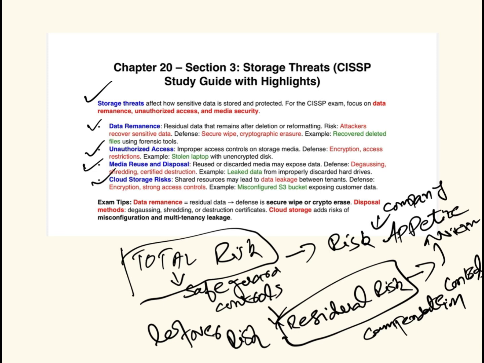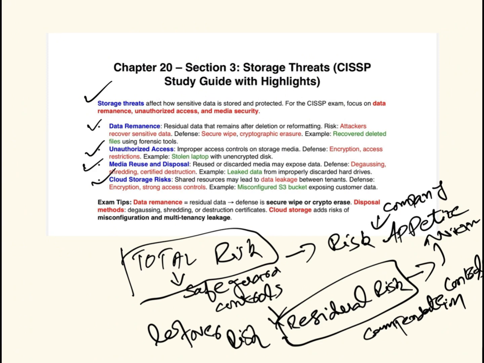Cloud storage risk: in a cloud environment, shared storage can expose data if misconfigured or improperly secured. For example, a publicly exposed AWS S3 bucket leaking customer data, or multi-tenant storage leading to cross-tenant data leakage. Encrypting data at rest and in transit is very important.